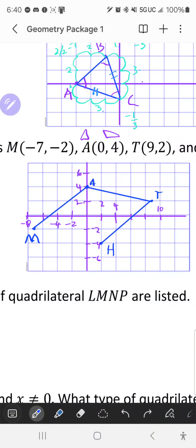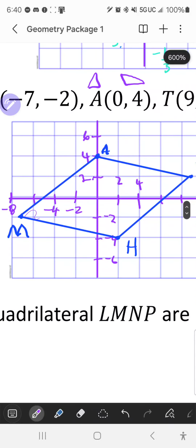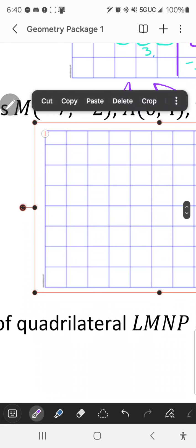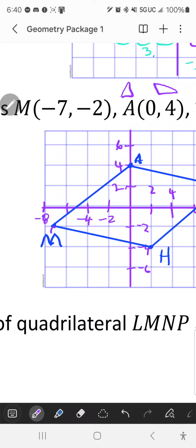Now let's do the same as we did with the triangle to see the slopes. The slope for MH: don't forget that we put 2 per square.